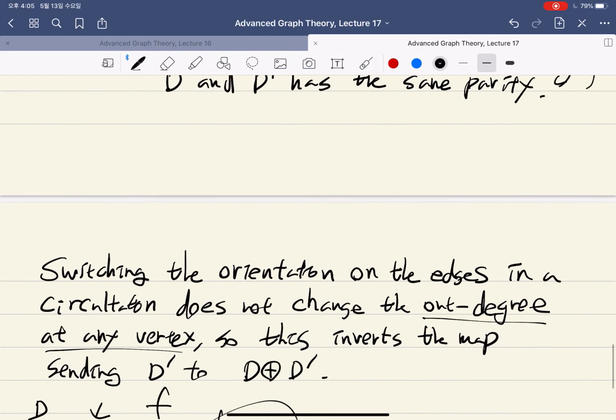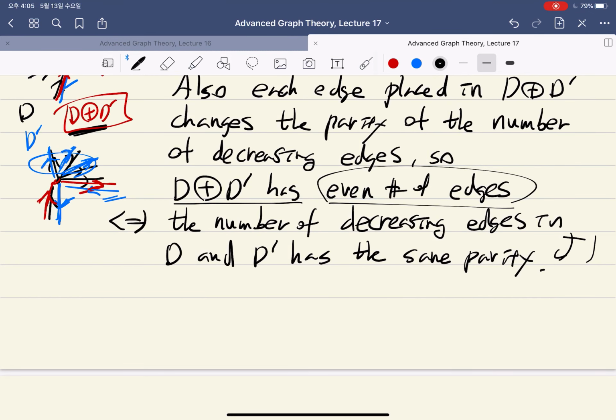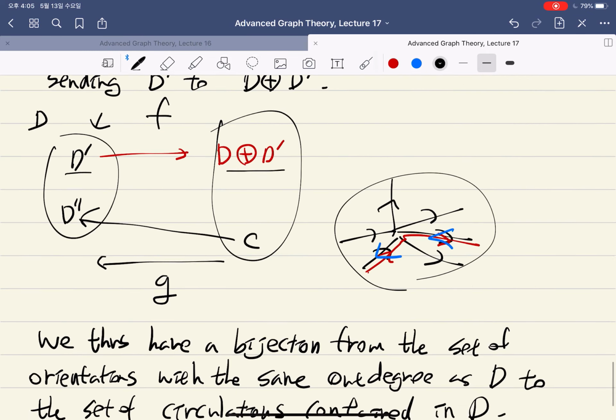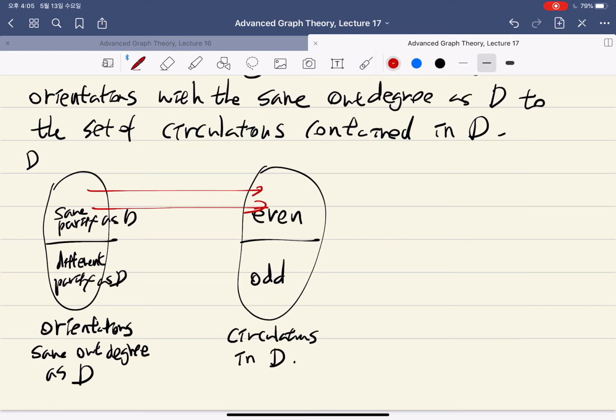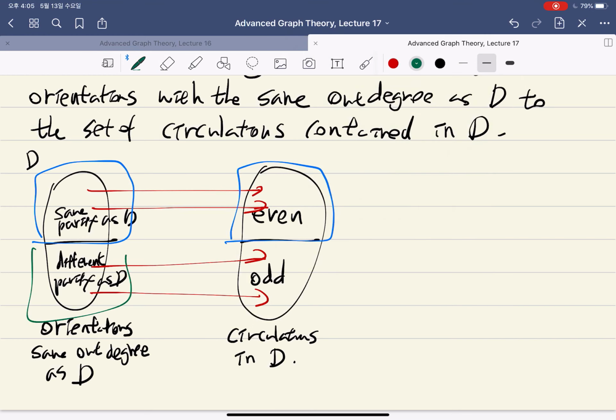Moreover, as we have shown here, you divide into even circulation and odd circulation. And here D prime has the same parity of the number of decreasing edges as D, or different parity from D, then this actually gives us a bijection on the entire thing, which maps this part into this part and this part into this part.